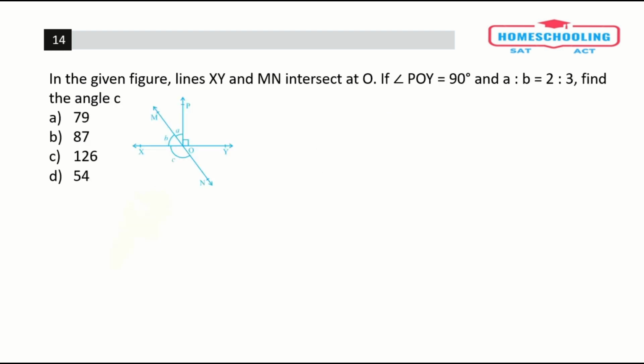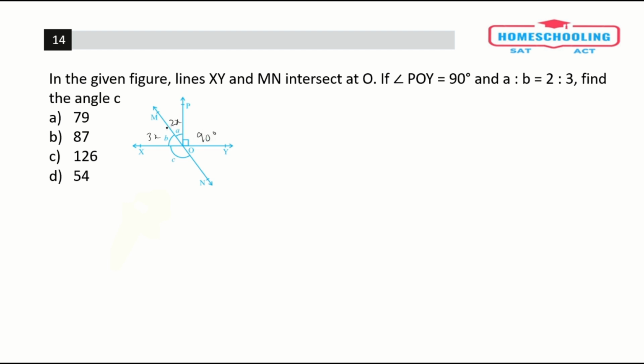Now coming to the next question. In the given figure, lines XY and MN intersect at O. This is the vertex O. If angle POY is equal to 90 degrees, and the ratio of angle A and angle B is 2:3, let us take angle A as 2x and angle B as 3x. Find the angle C. First we need to find the value of x, because this is a line, so the sum of these angles would be 180 degrees.